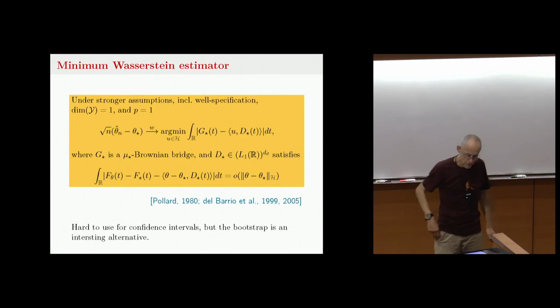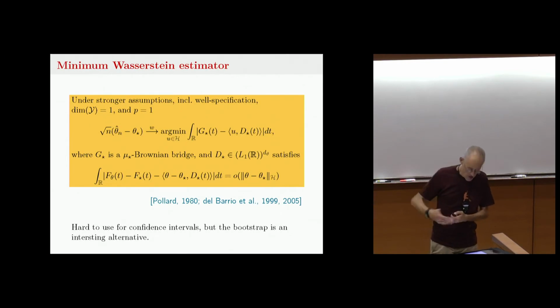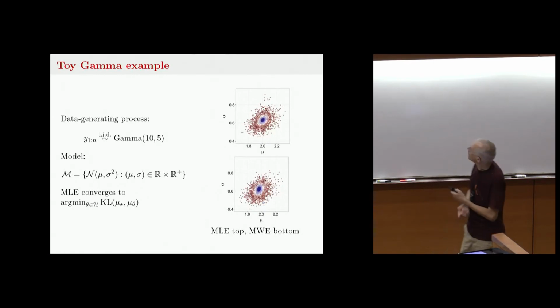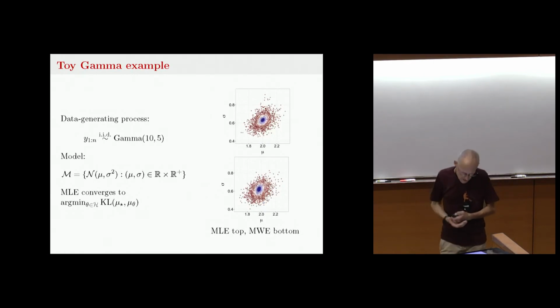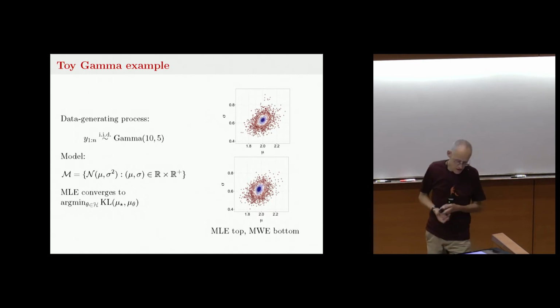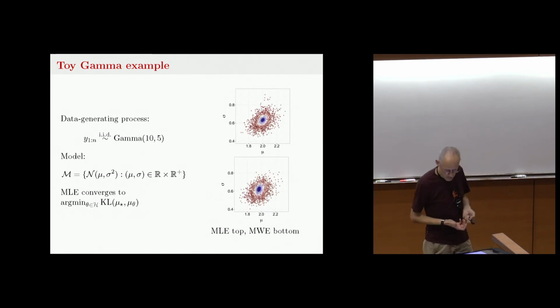And you can improve this convergence with a form of central limit theorem as well that you can recycle for confidence intervals. And so here is a comparison, although it doesn't mean much because that's just a simulation, of using the MLE and this minimum Wasserstein estimator. And in this example, you can see that the variability is approximately the same for MLE and minimum Wasserstein.